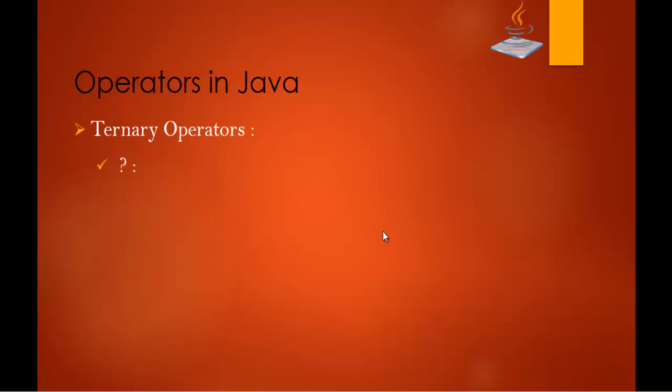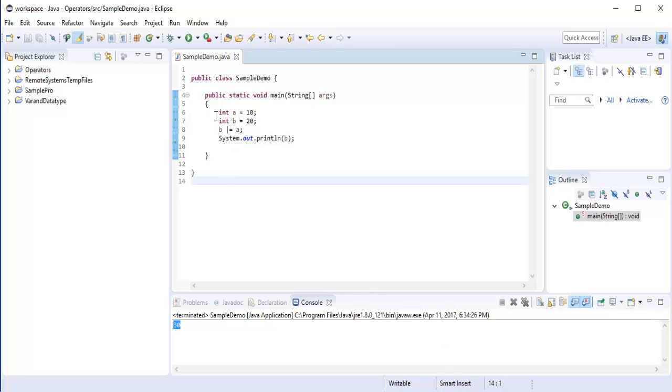Let me jump into the other important operator, that is the ternary operator. Let me explain that also. Let me take int a is equal to 20 and int b is equal to 30.